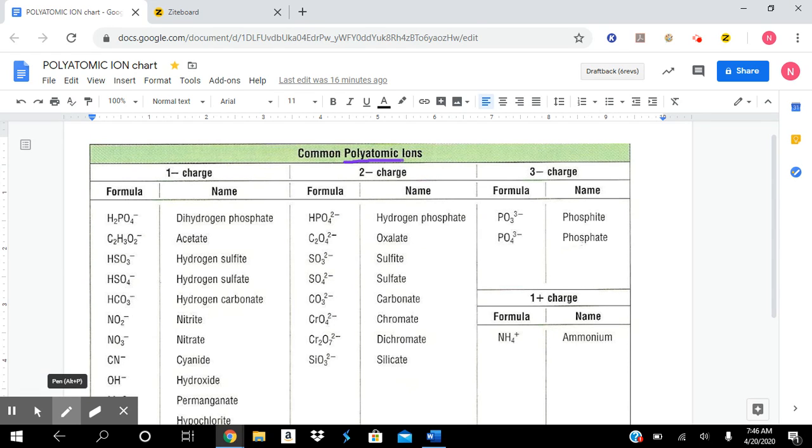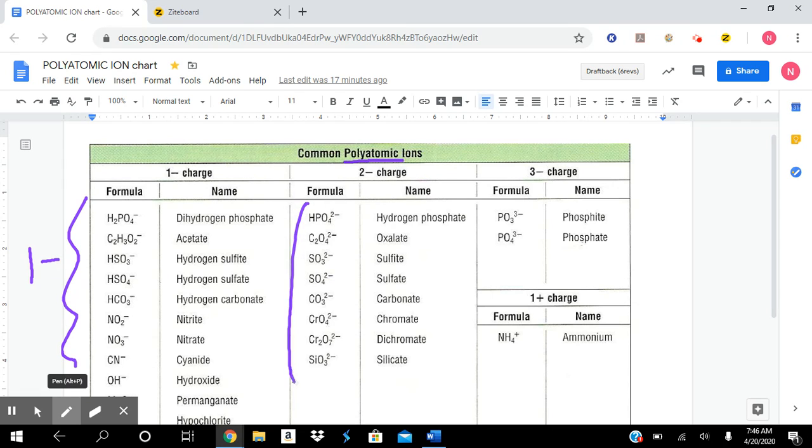So everything in this column right here has a charge of 1 minus. And note, they're polys because they have more than one. All right, so the first one we have on our list is dihydrogen phosphate. Well, it has 2 hydrogens, 1 phosphorus, 4 oxygen, so more than 1, poly.